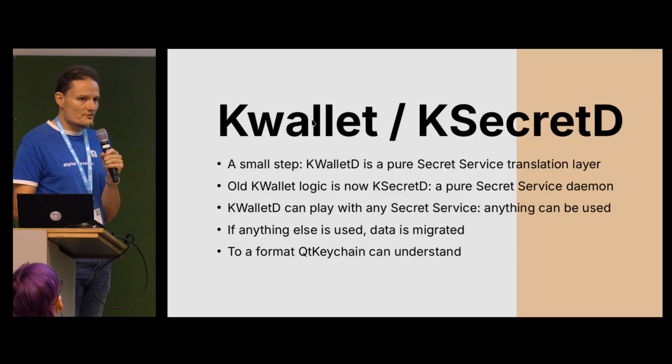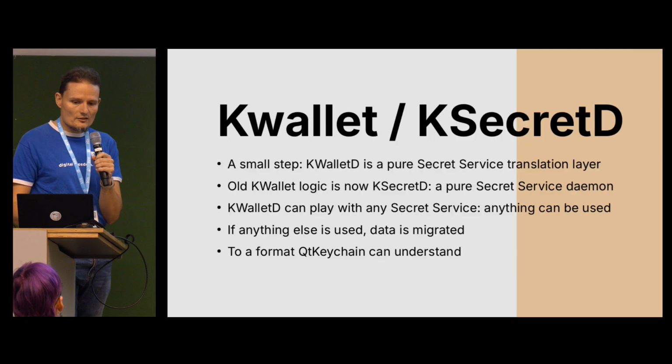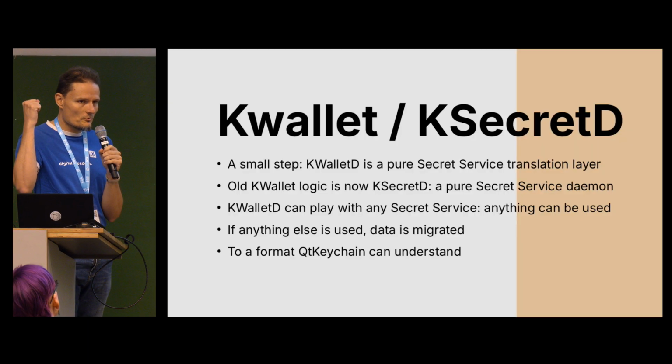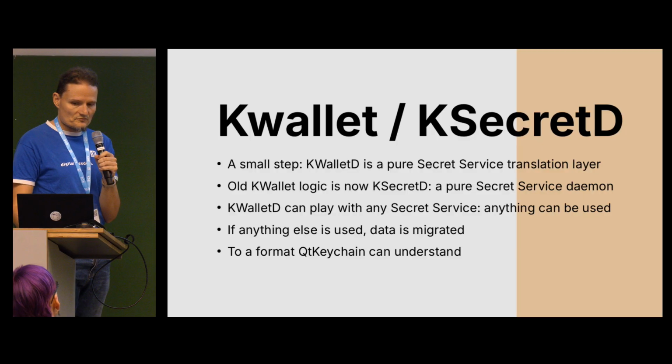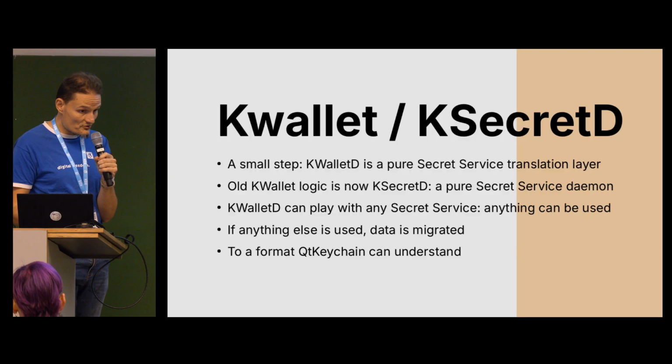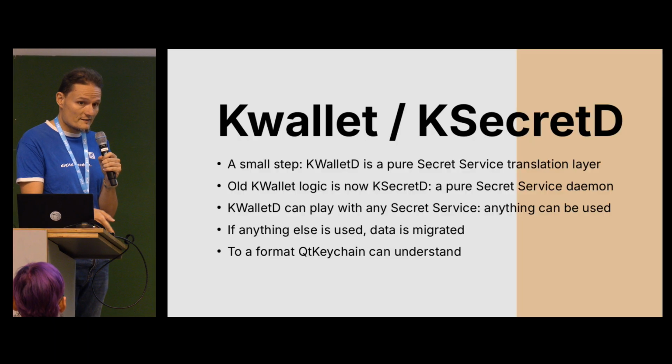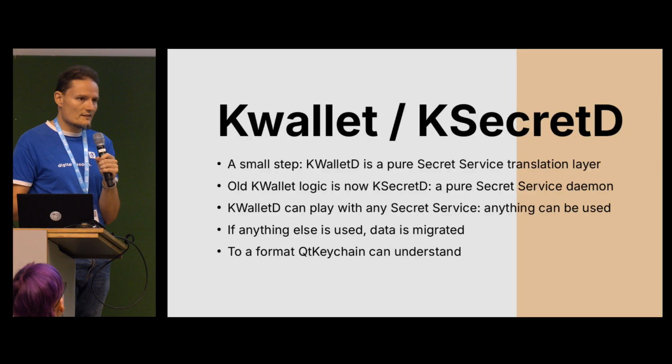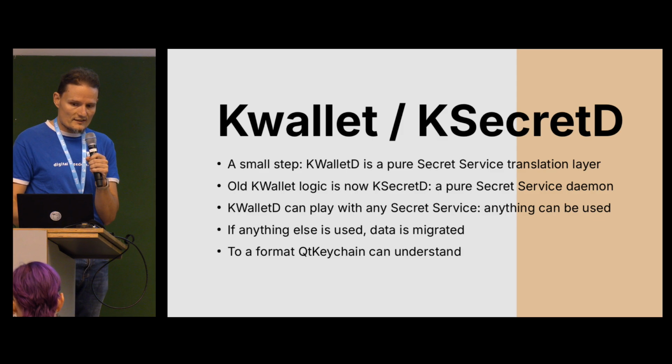So the first step that I did was to split it into two daemons. One is the part that exposes the old K-Wallet D-Bus API, and the other is the daemon that actually does the secret storage, which is now called ksecretd.